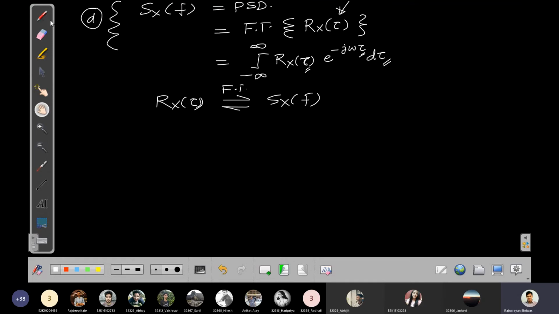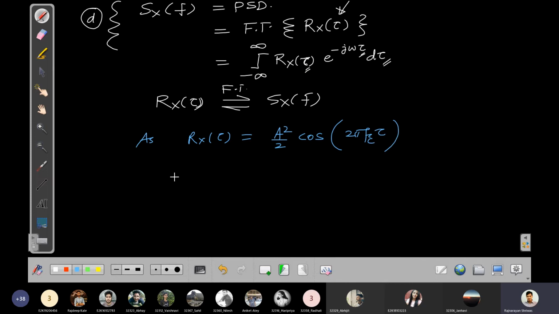Let me quickly find that for this given problem, as Rx(tau) is A squared by 2 cos 2 pi fc t2 minus t1, and t2 minus t1 is nothing but tau.